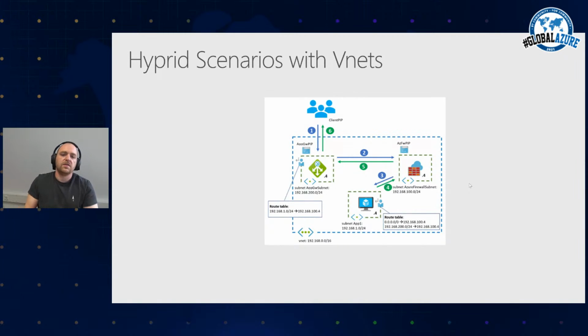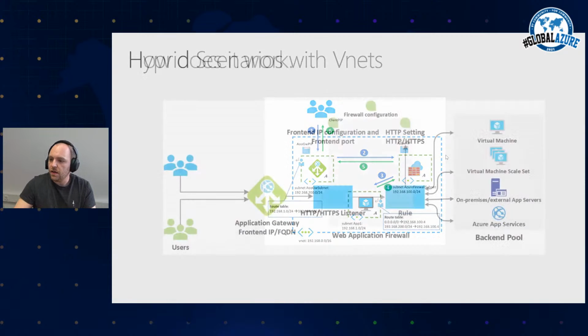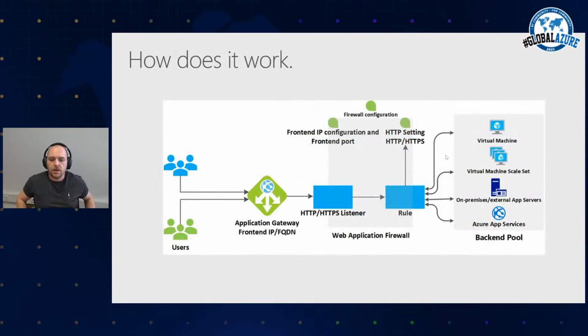Well, how does this work in the Azure scope here? If we take a specific look at the web application firewall of the application gateway here, you see there is an application gateway with a front-end component that has all the network layer configuration on it.